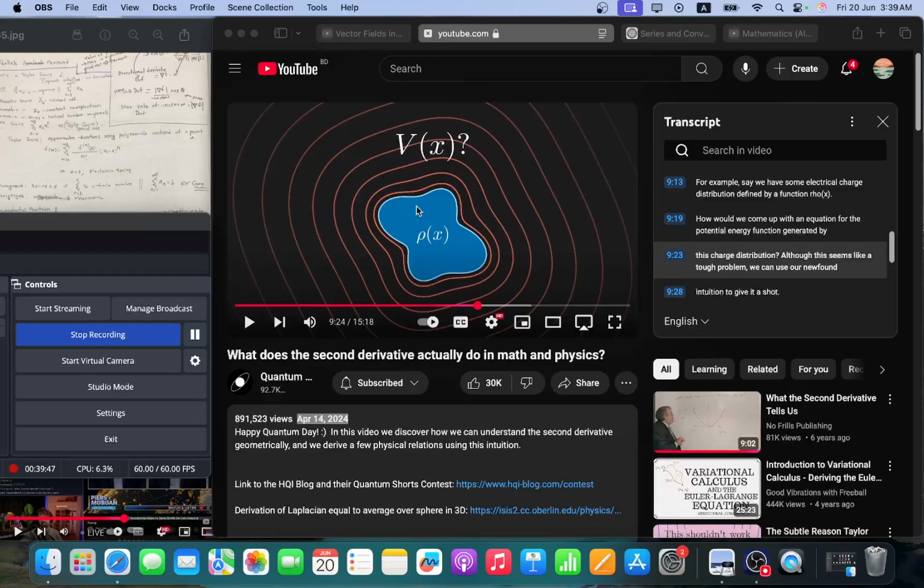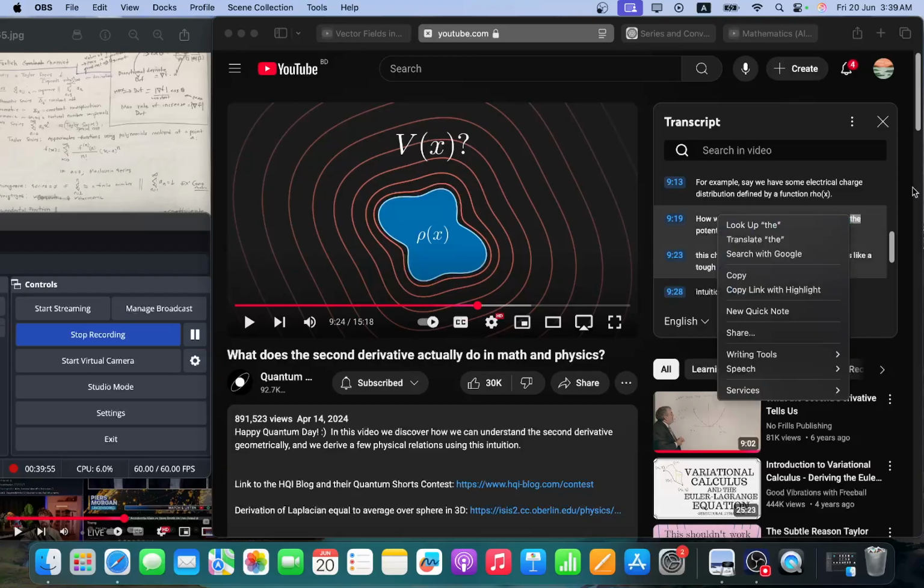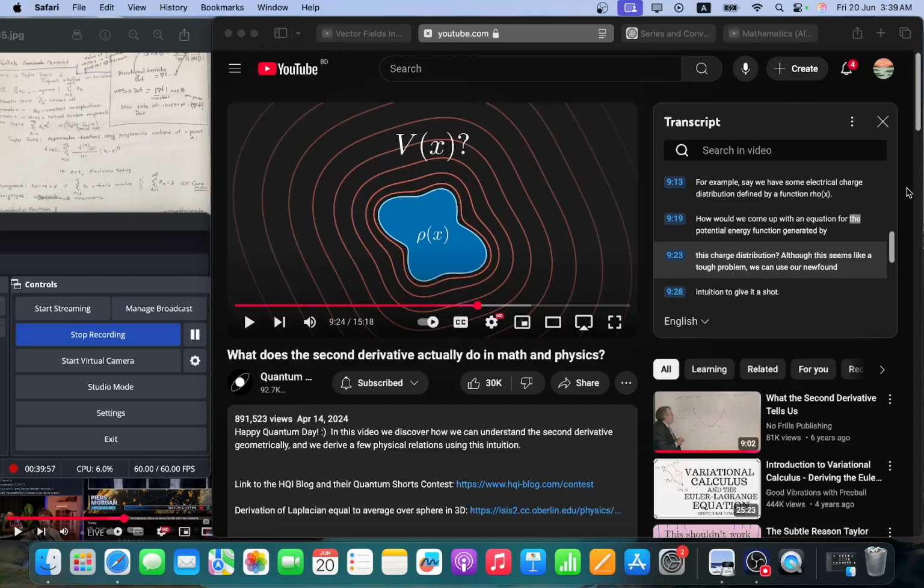So this is rho of x, some electrical charge distribution emanating from it, I guess. How would we come up with the equation for the potential energy function generated, like V, I guess, is the voltage. So the potential energy function generated by this charge distribution. Although this seems like a tough problem.